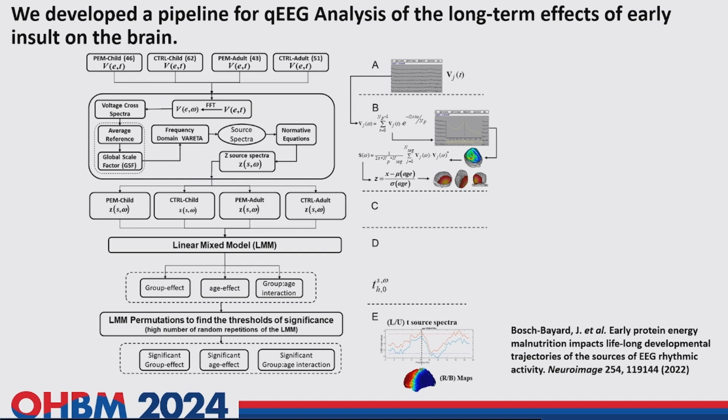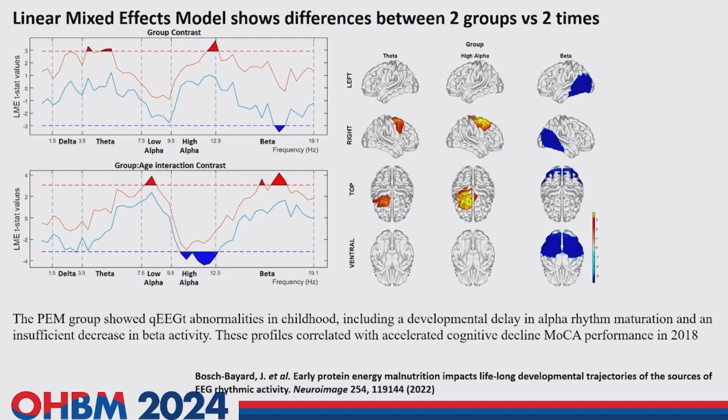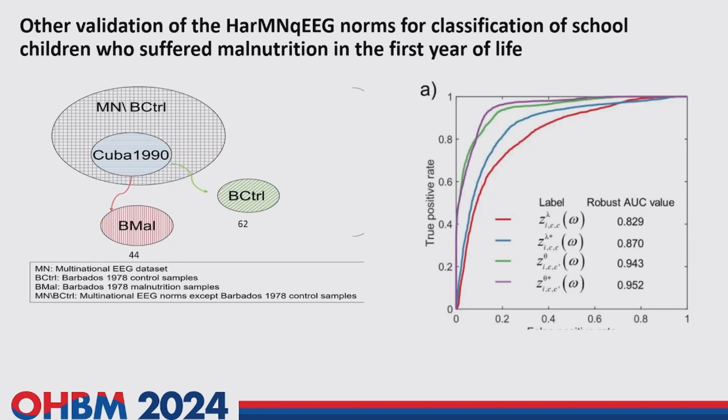We developed a pipeline for the EEG analysis of the long-term effect of early insult in the brain. And this is from the Jorge Bosch paper in Neuroimage. A linear mixed effect analysis showed the EEG frequency on the left and location on the right that changed during the period of 45 years.